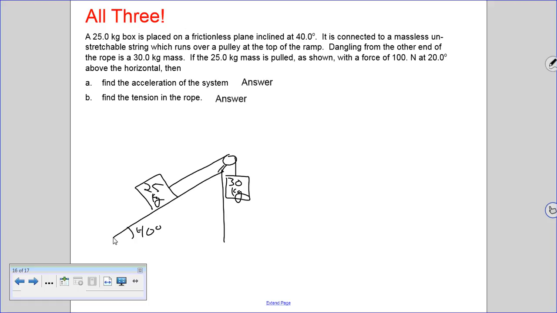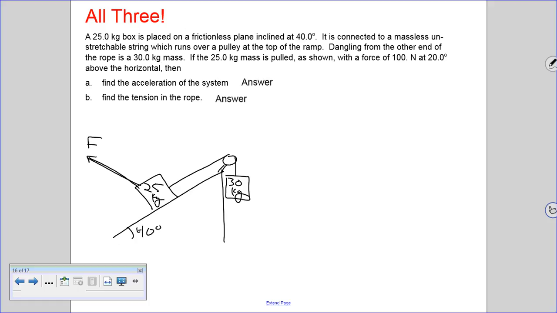If the 25 kilogram mass is pulled, as shown, I didn't put it in the drawing, I apologize, with a force of 100 newtons at 20 degrees above the horizontal. All right, so there's no way from the text here to know which way. I intended for the force to be this way. I'm sorry that I didn't put that drawing in.